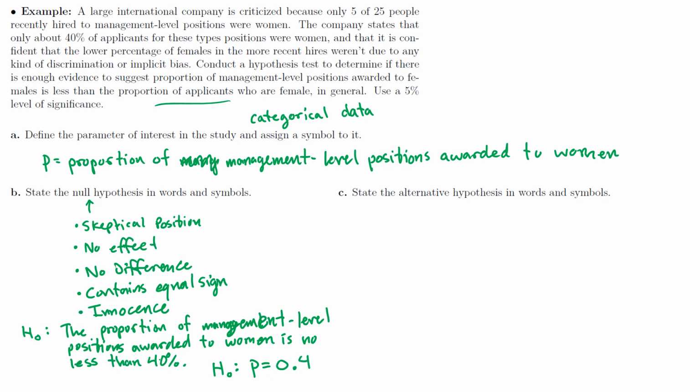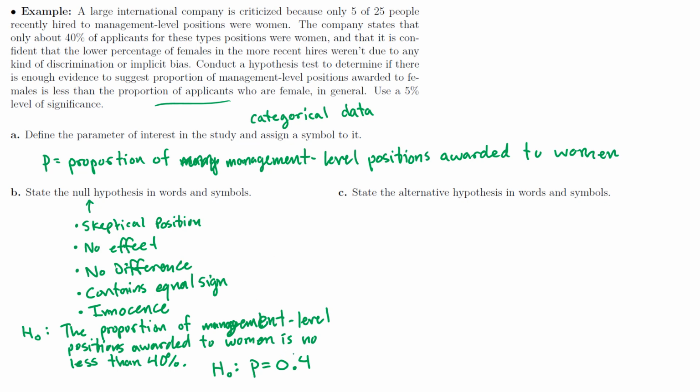Now I know no less might mean 50% or 60%, but the reason we say P equals 0.4 is because it is going to be the closest value contained in the null hypothesis to our sample. That's the idea.